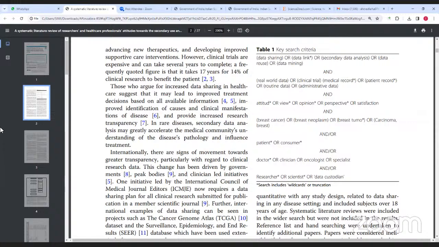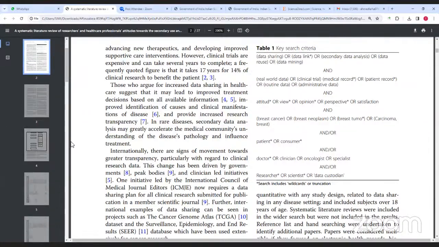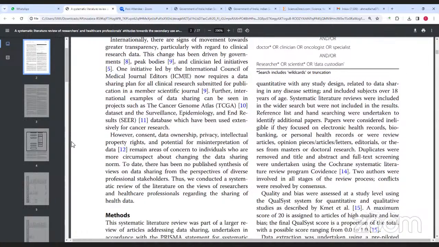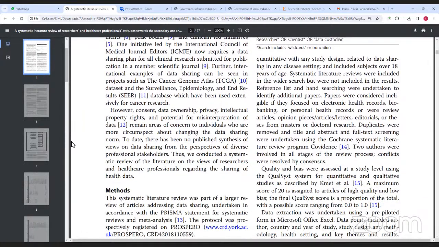Further, international examples of data sharing can be seen in projects such as the Cancer Genome Atlas dataset and the Surveillance, Epidemiology, and End Results database, which have been used extensively for cancer research.